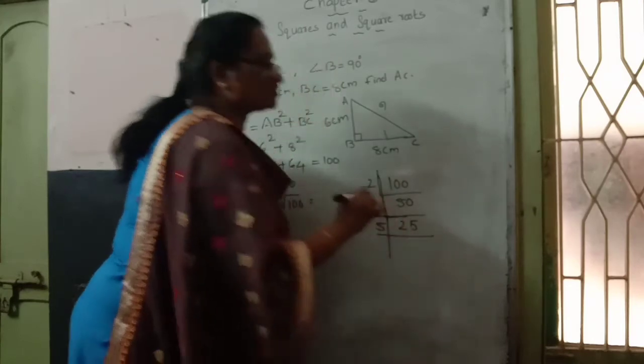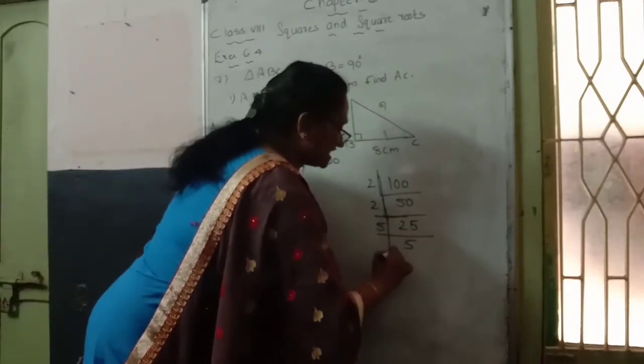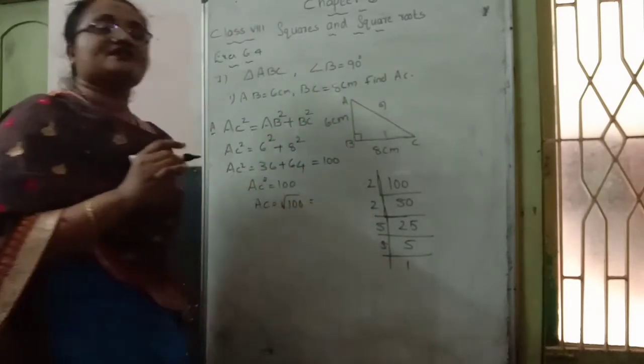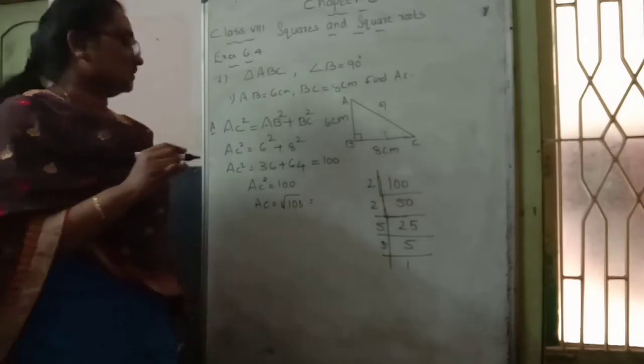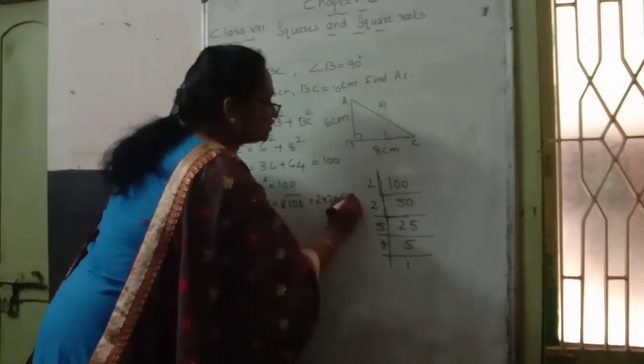Again 2 is not possible, only prime number 5. 5 times 5 is 25, again 5 gives 1. So the factors are 2 times 2 times 5 times 5.